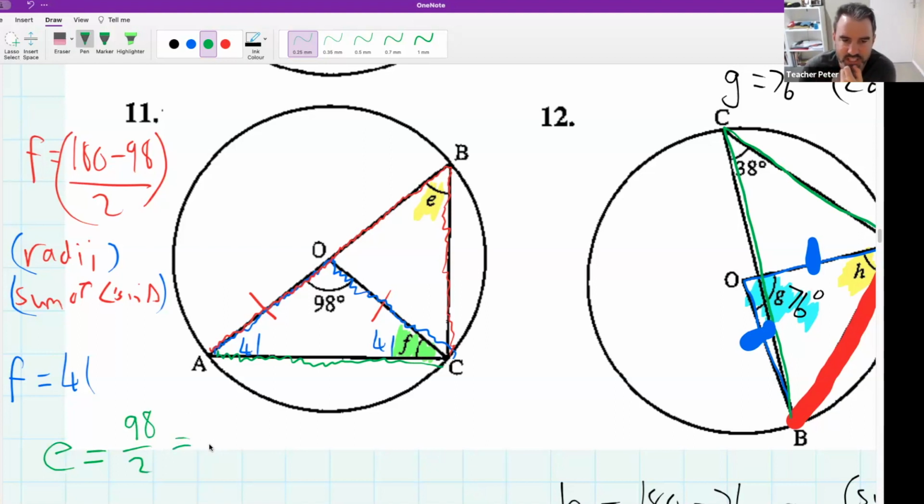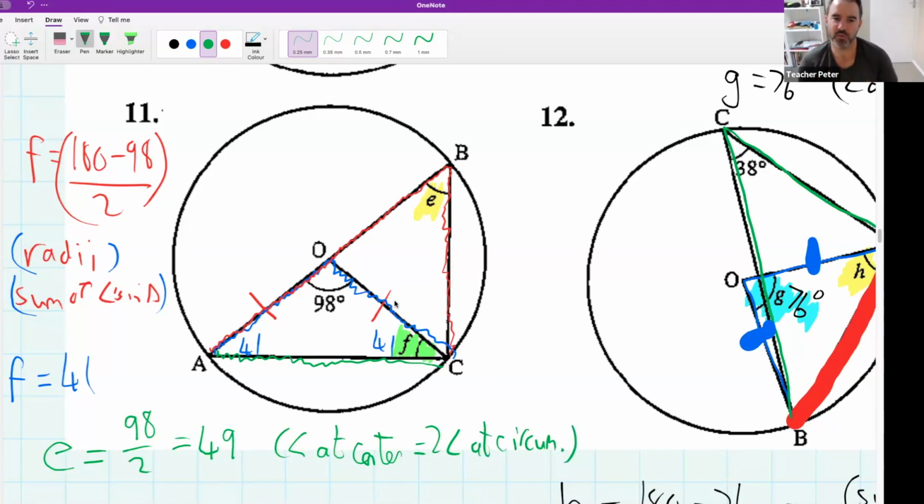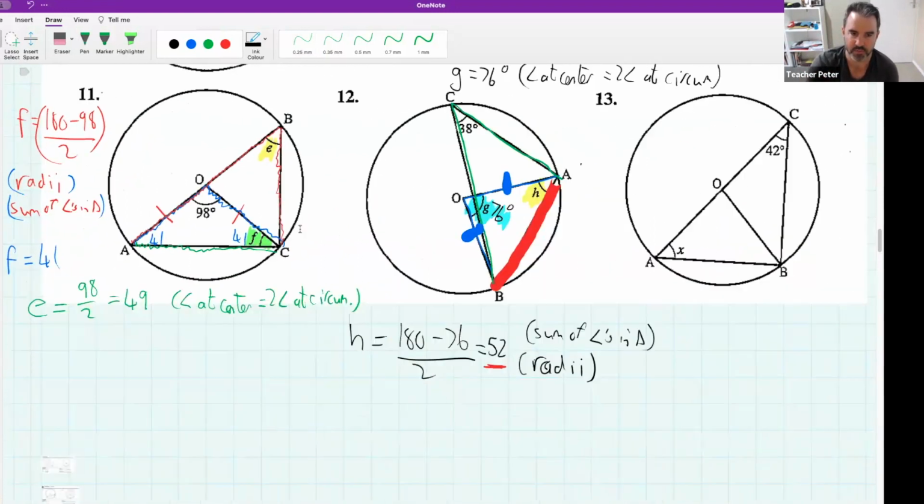And what is that going to be? It's going to be 49. And the reason is angle at center is twice angle at circumference. So that was, again, one of those ones where it's hiding, but that's why we're doing this, right? We're building our visual fluency for this.